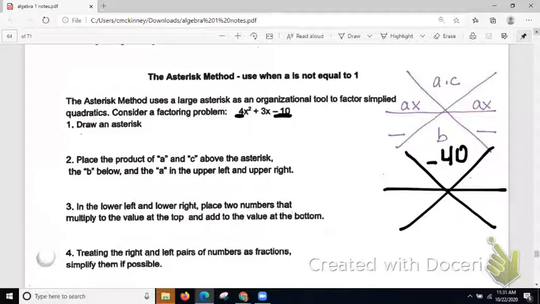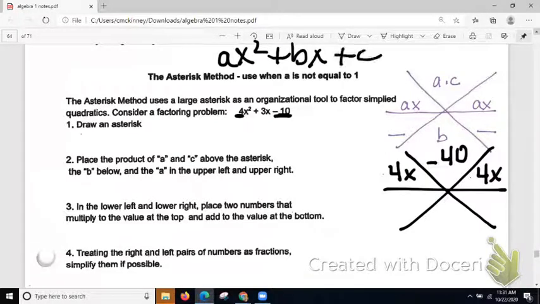My AX and AX, that's where I put 4x and 4x. When I talk about A, B, and C, I'm talking about ax squared plus bx plus c. So whatever number is in front of the x squared, that's A, the one in front of the x is B, and the constant conveniently is called C.